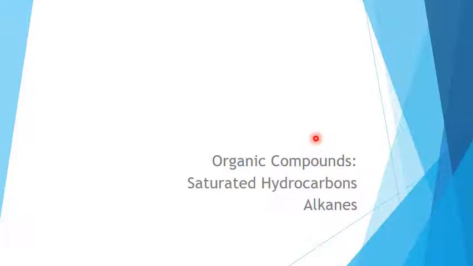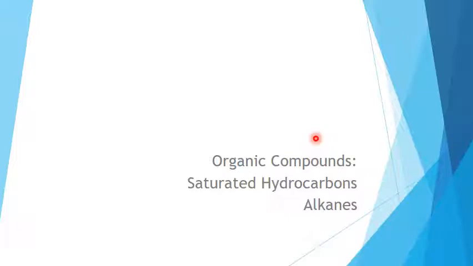Organic chemistry is the study of carbon hydrogen compounds, covalent compounds. It was first developed in the mid 1800s when it was discovered that we could make molecules of life in the laboratory, and they were called organic because they came from living organisms.